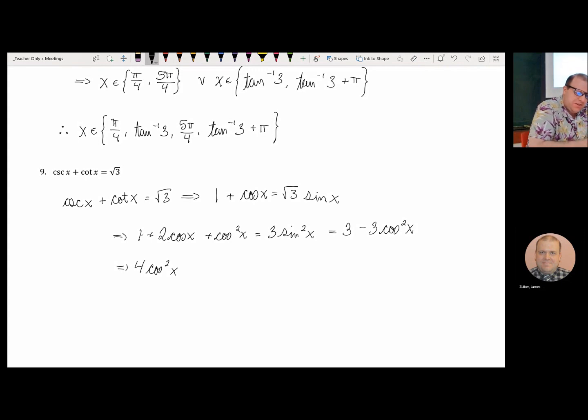You have 4 cosine squared plus 2 cosine minus 2, it looks like, equal to 0. You make life easier by dividing everything out by 2. That's right, 2 cosine squared plus cosine minus 1 is equal to 0.